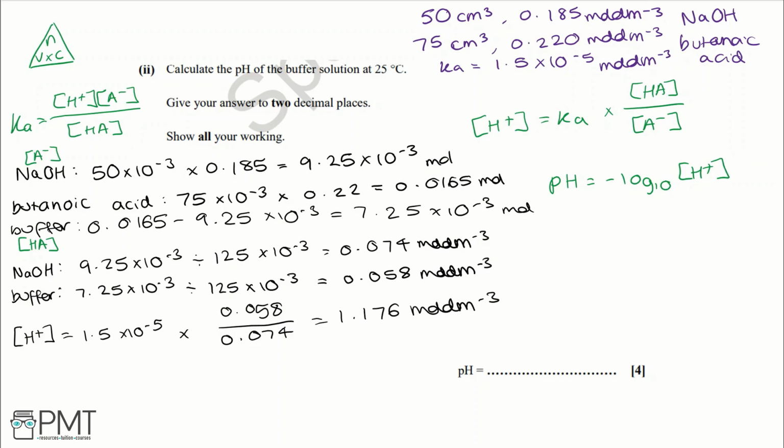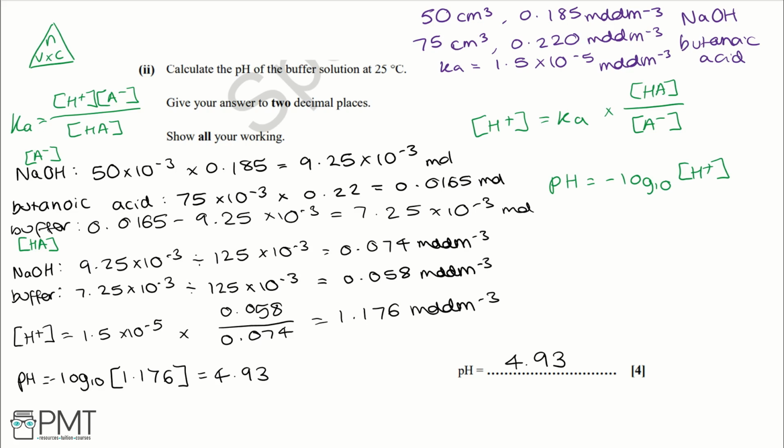But the equation still works for pH and pOH. So for pH, this is going to be minus log 10 of our concentration of H plus, which is 1.176, and that equals 4.93 to 2 decimal places, which we can then write on the answer line.